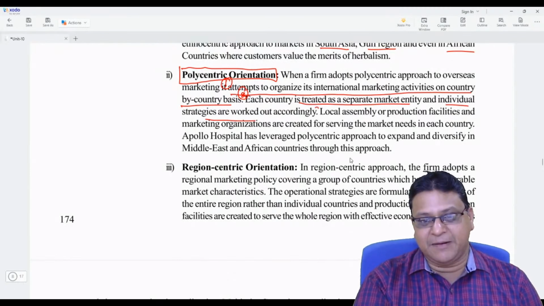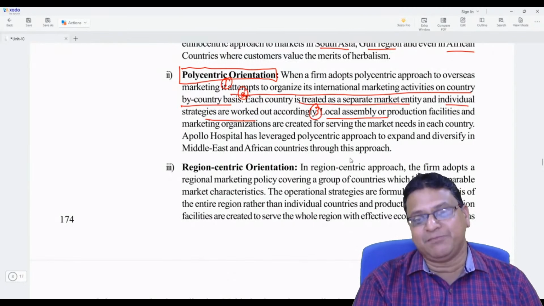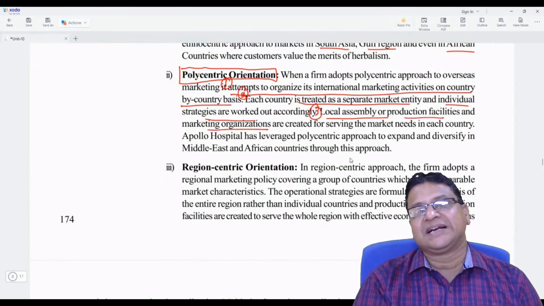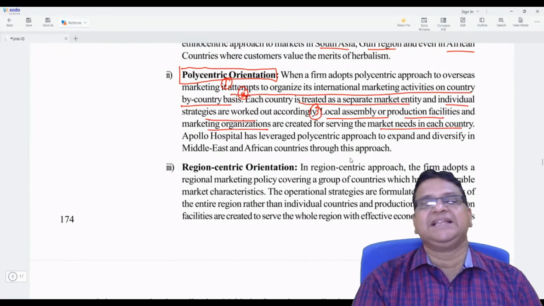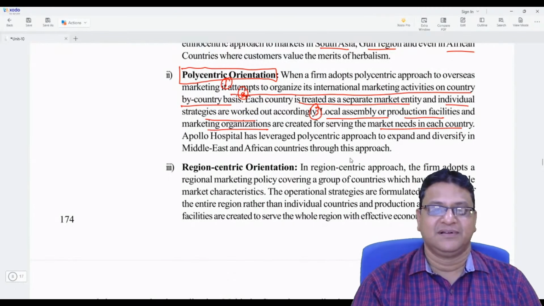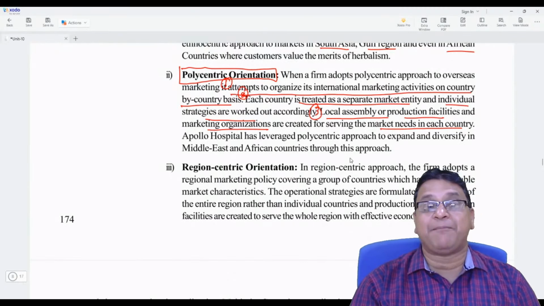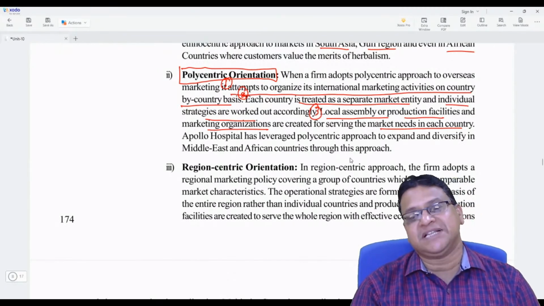And this approach aims at local assembly, production facilities, and local marketing organizations are created to serve the marketing needs in each country. I have already told, they adopt a multi-domestic approach towards international business.